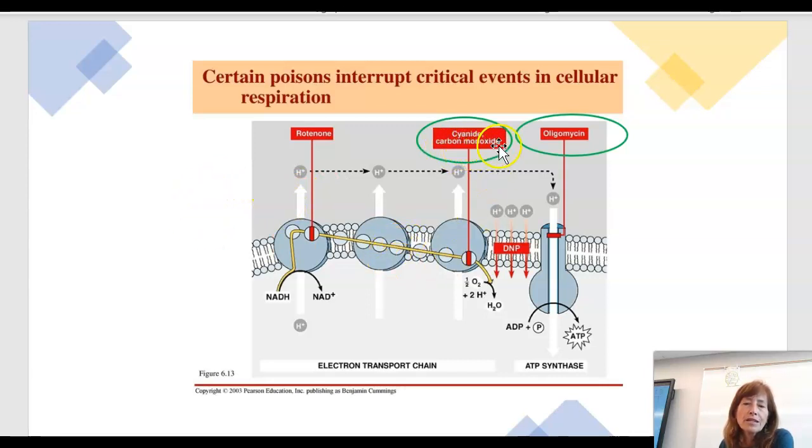Here's carbon monoxide, also a bad thing to have high exposure to because of what it messes up on the electron transport chain. So, a lovely topic, important though, and it gives you some understanding of what poisons and toxins actually do when we say they're toxic or poisonous. And that's it.